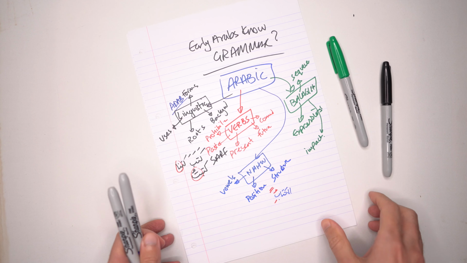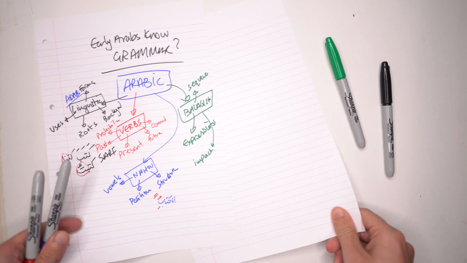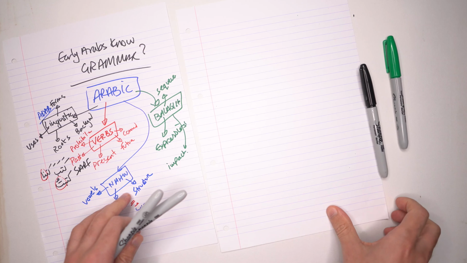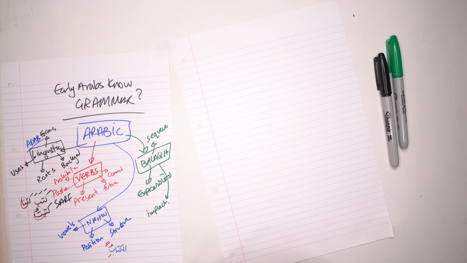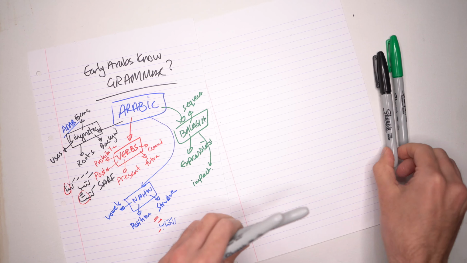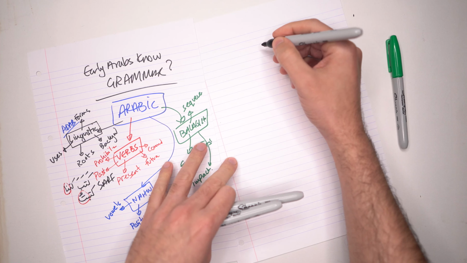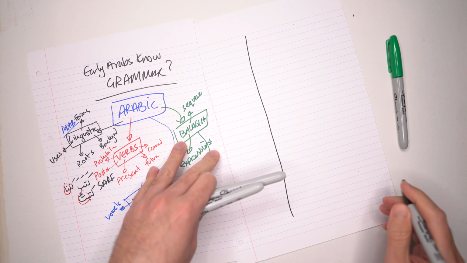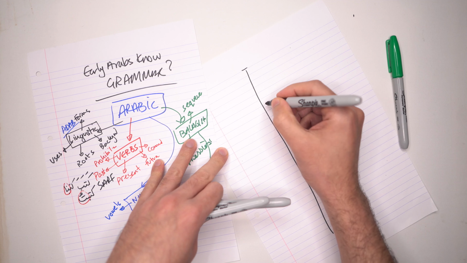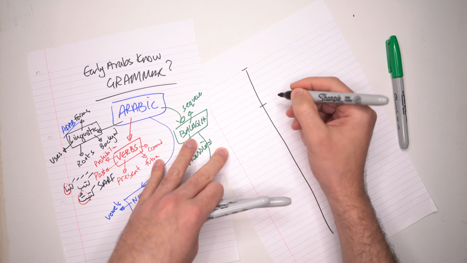But the thing you have to remember is this went through an entire development historically. Imagine this is a historical timeline, and this is where Islam came about.